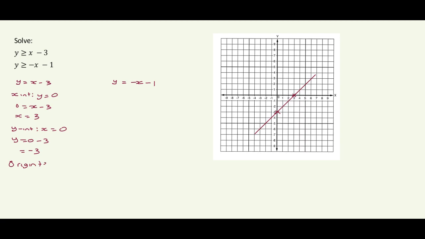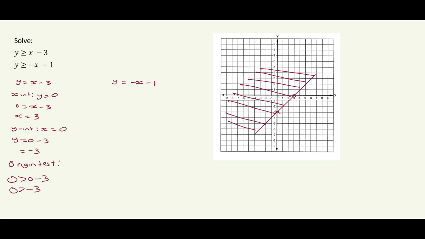The origin test here shows that 0 should be greater than 0 minus 3, 0 greater than negative 3. So every part of the graph above the line where you have the region 0, 0 or the origin is considered a valid region for that inequality.